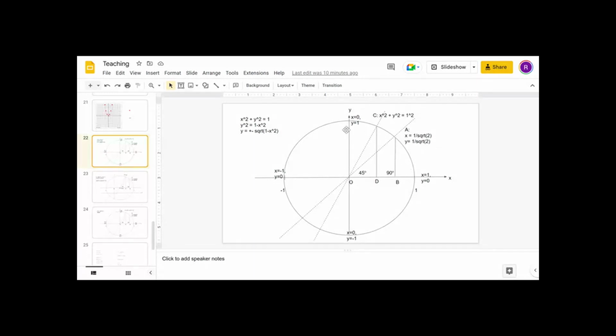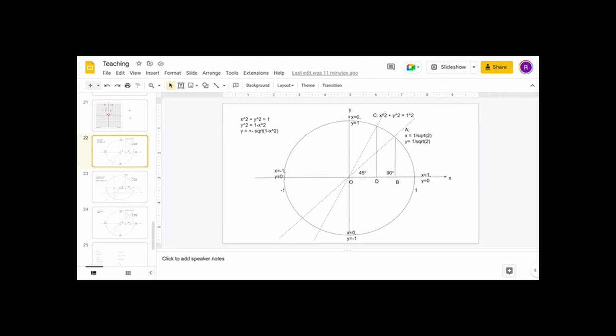By that definition, can someone tell me what is sine of 0 degrees? Okay, what is sine of 45 degrees? We did all these things, right? Anyone remember sine of 45 degrees?